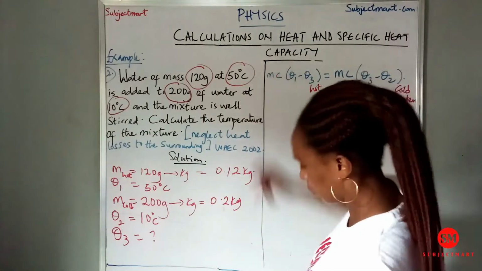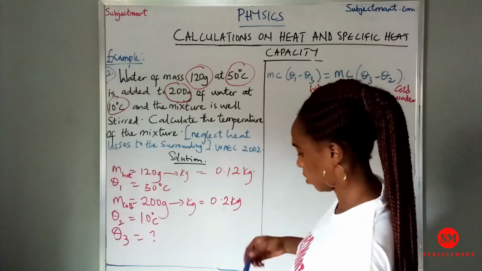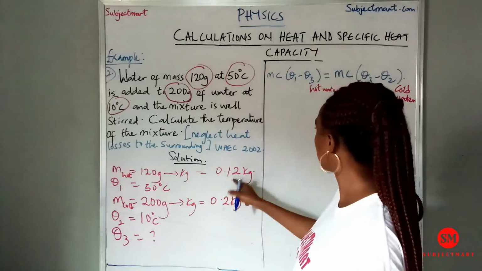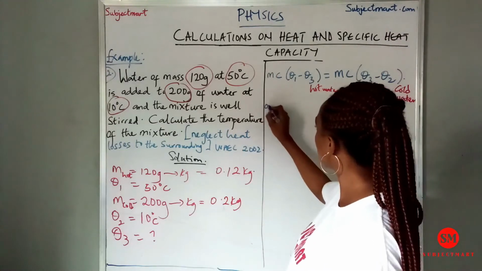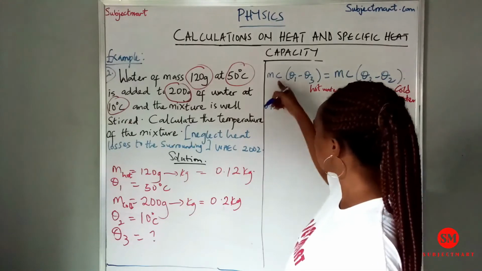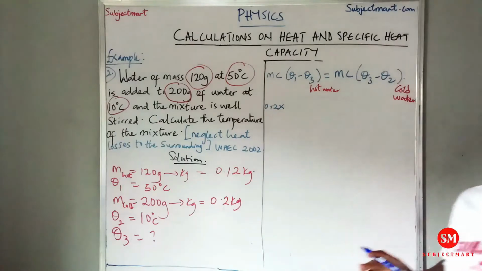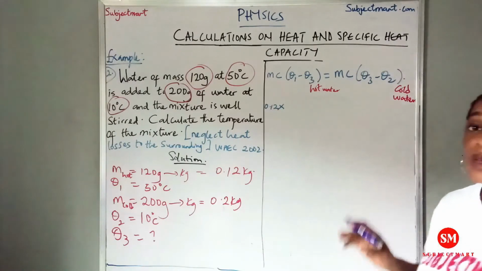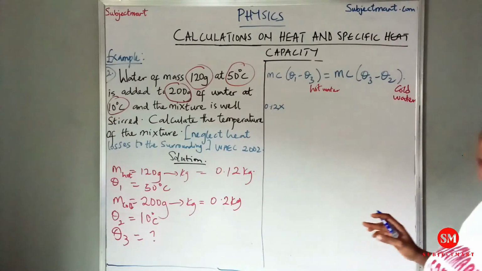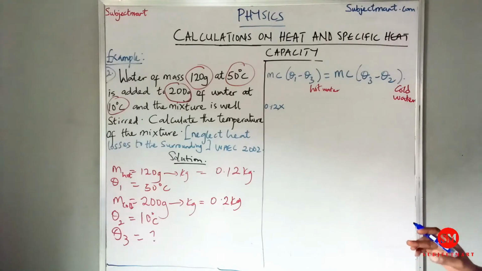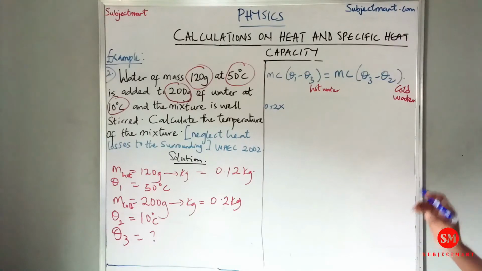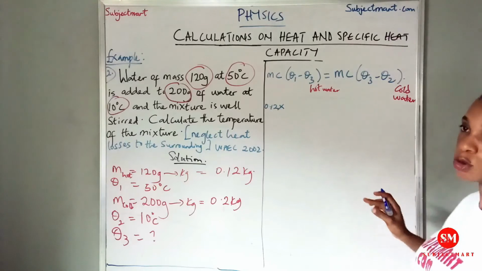So M is equal to 0.12 times the C specific heat capacity, which is 4,200. I told you earlier, take note: specific heat capacity of water is 4,200 joules per kilogram per Kelvin, but when it is in gram, it should be 4.2.